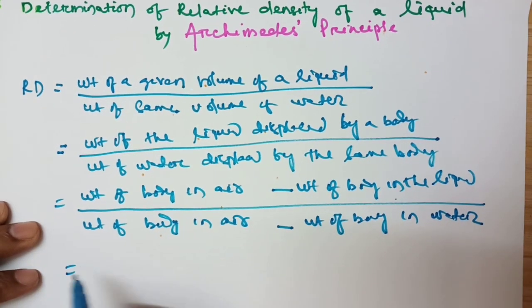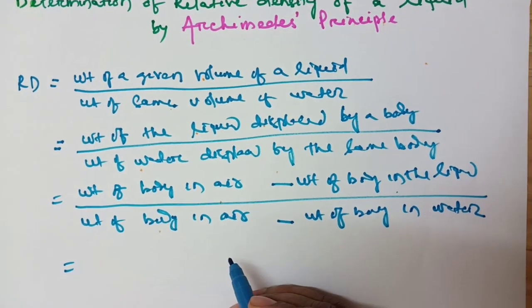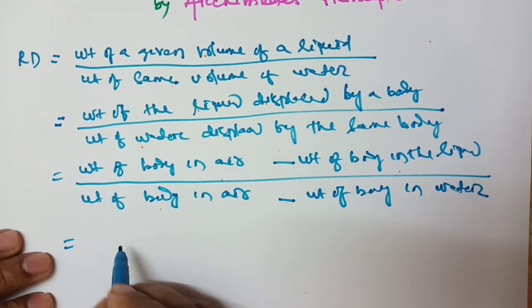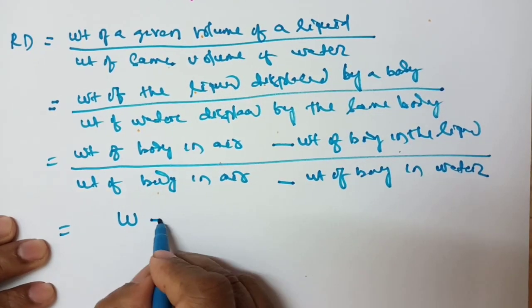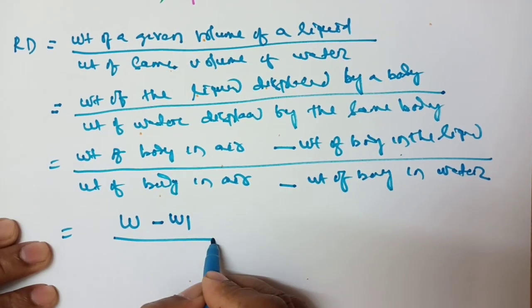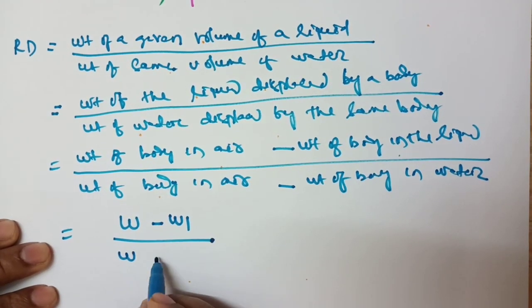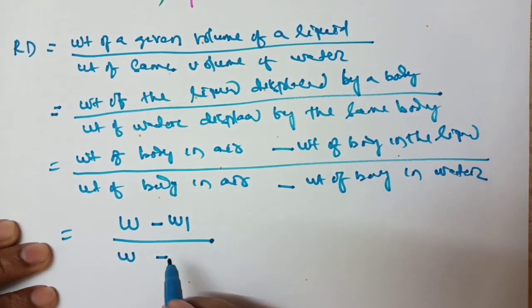So you can make it a formula. Suppose weight of body in air is W, weight of body in liquid is W1, so W minus W1 by W minus W2, where W2 is the weight of body in water.